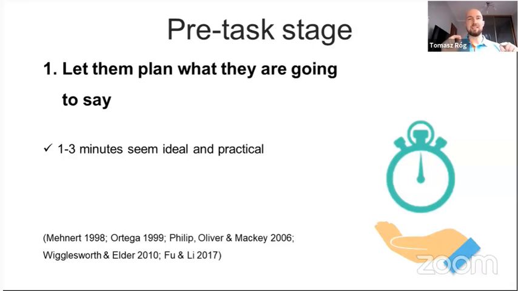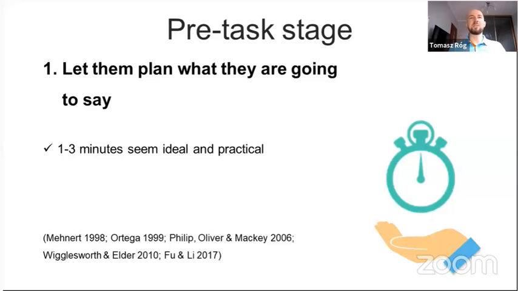Now, as I said, planning allows learners to increase their fluency and complexity, but their accuracy is not improved so much. Let me just briefly explain why. Because they have time to prepare, to organize their thoughts. They have to match the lexical items they have at their disposal to those ideas.